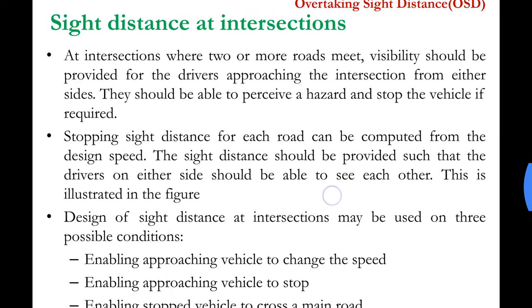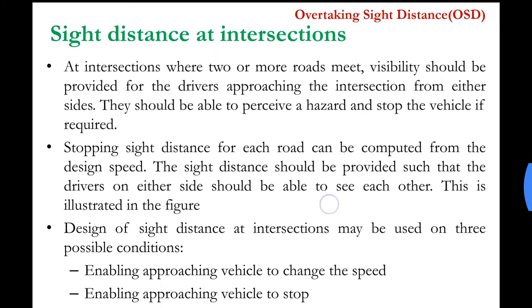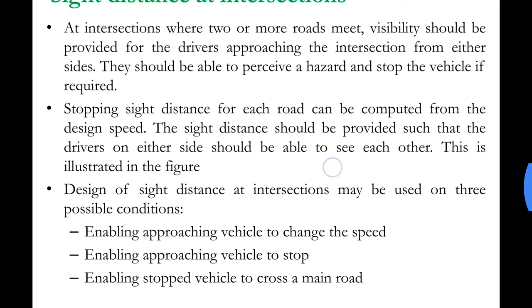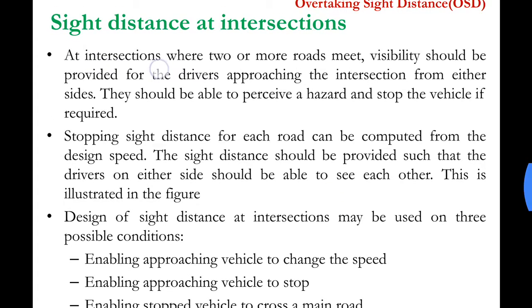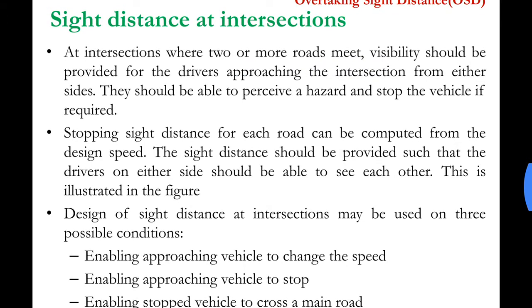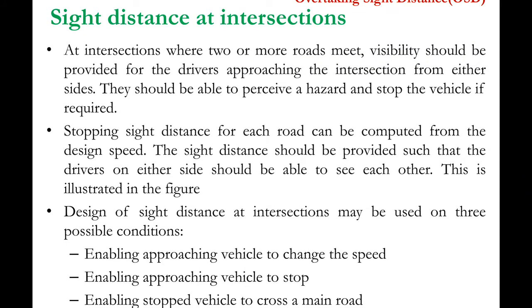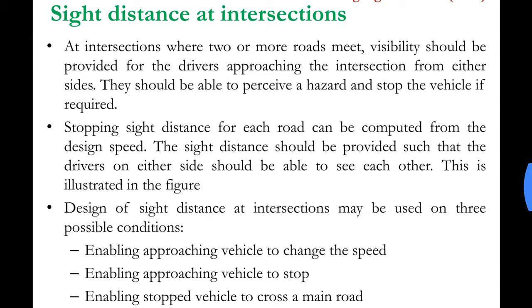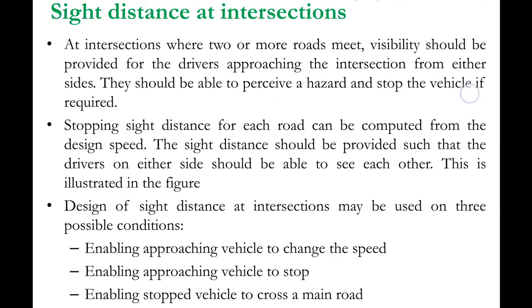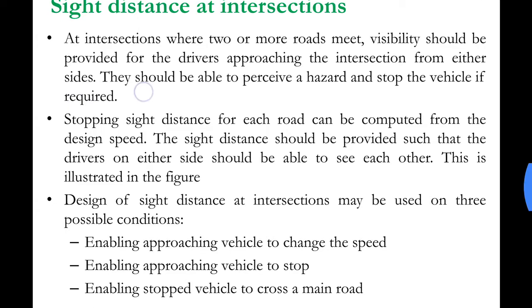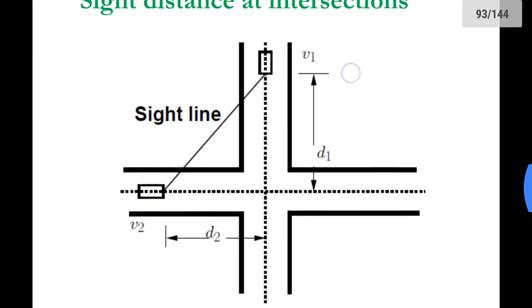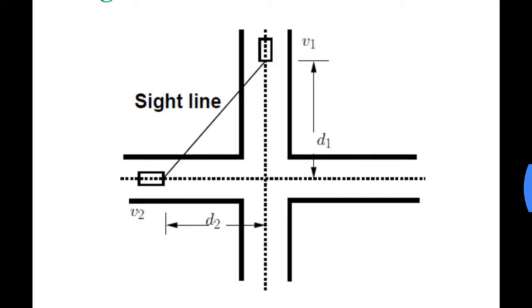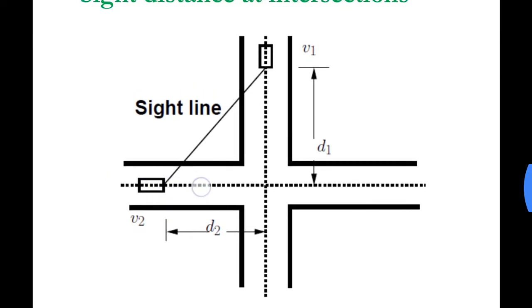Next, the third type of sight distance is sight distance at intersections. At intersections where two or more roads meet, visibility should be provided for the drivers approaching the intersection from either side. They should be able to perceive a hazard and stop the vehicle if required. Here in this diagram you can see there are two vehicles, vehicle 1 here and vehicle 2 here.